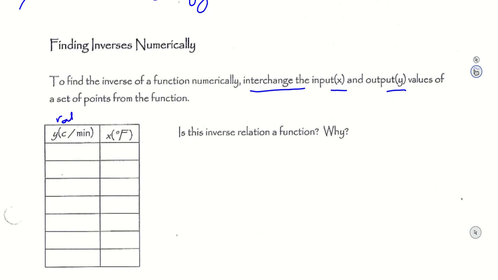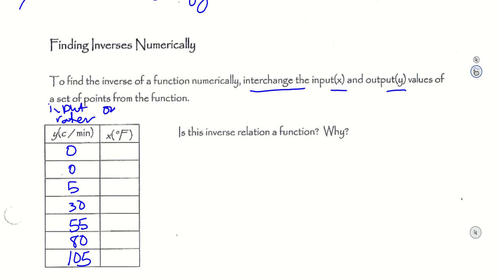That was our rate. And what we had in that y column, which was our output column, was 0, 0, 5, 30, 55, 80, and 105. Those were chirps per minute. And what goes now in our output column? So this is our input column.